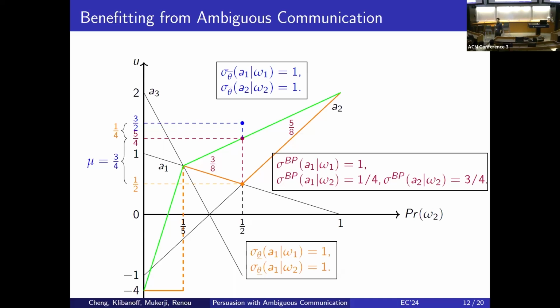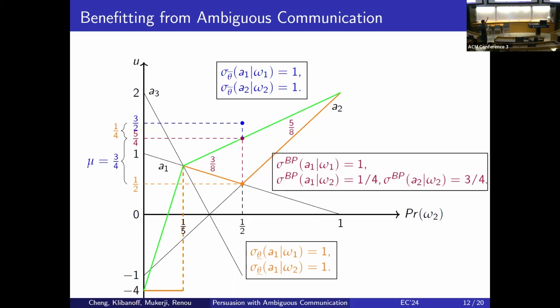But what if the receiver is ambiguity averse? Notice that sigma theta upper bar gives both the sender and the receiver a strictly higher payoff than sigma theta lower bar. And if you still remember the effect of ambiguity aversion, from the receiver's perspective, they're actually going to put more weight on sigma theta lower bar and less weight on sigma theta upper bar.